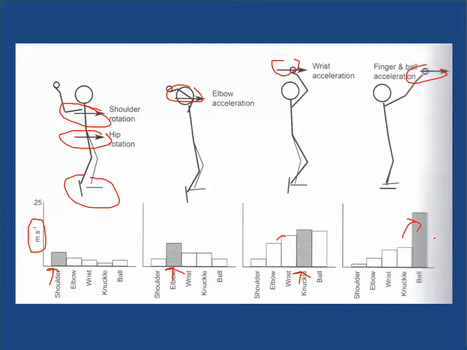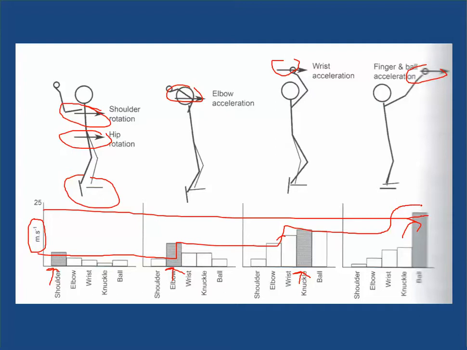So we go from proximal to distal, increasing the velocity overall as we go up the chain, right? The shoulder was here, went higher, higher, and then higher still when the ball was released. Some of that is what we learned before: the relationship between linear and angular velocity is based on the radius.